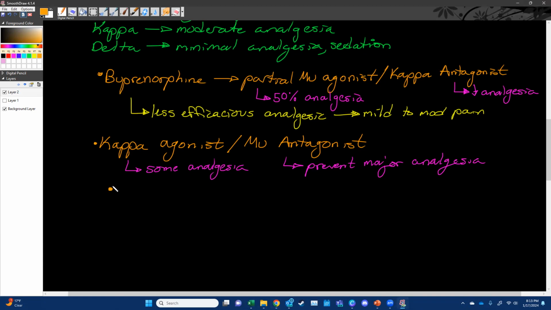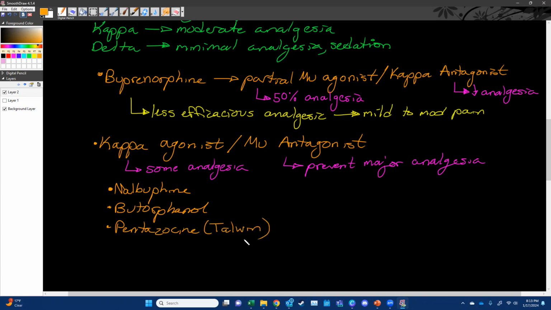So this would include nalbuphine, butorphanol, and then pentazocine, which goes by Talwin. And then pentazocine is combined with naloxone in its own kind of special formulation.